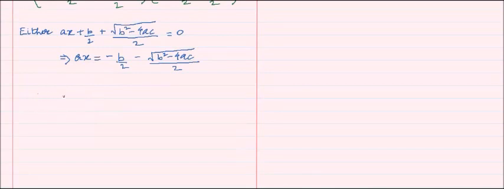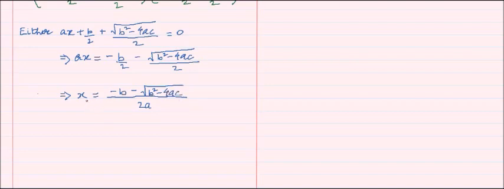Next, we have to find the value of x and not ax. So we take this a to the right hand side, so it goes down as the denominator. Since we have the common denominator, we can join these two terms. We will have 2a, and it is minus b minus under root b square minus 4ac.